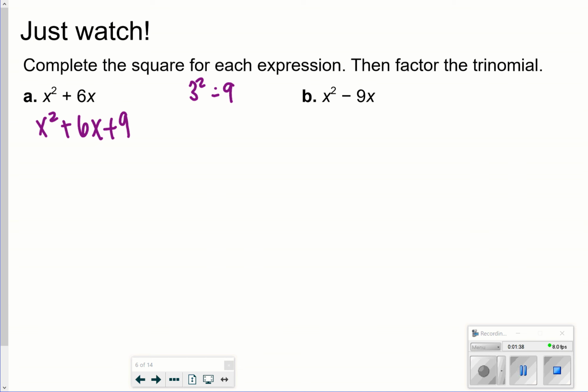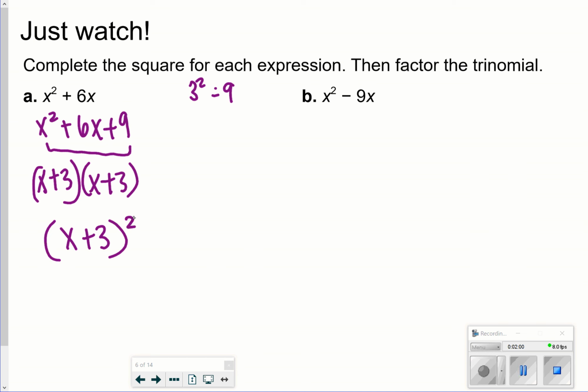Then we can factor the expression as a square of a binomial. This is a perfect square special, where you're looking at what factors of 9 multiplied together would add to 6x. That'd be 3 and 3. So I would have x plus 3 times x plus 3, which can be written as x plus 3 to the second power. And that's all we have to do here.